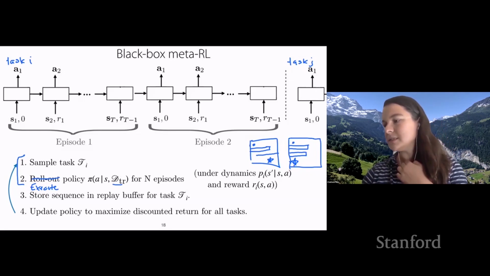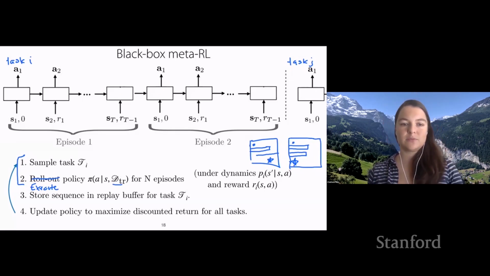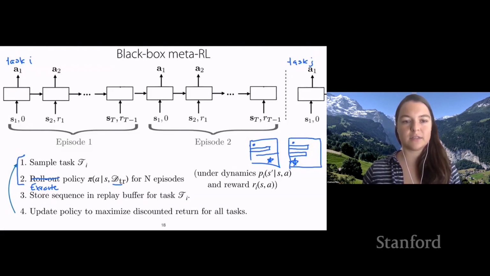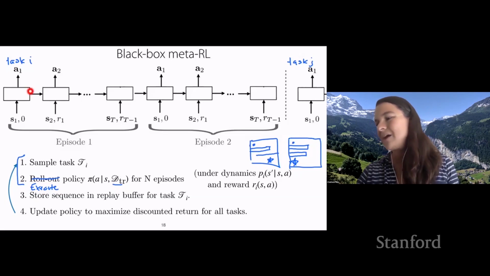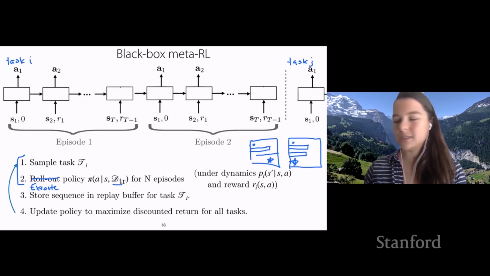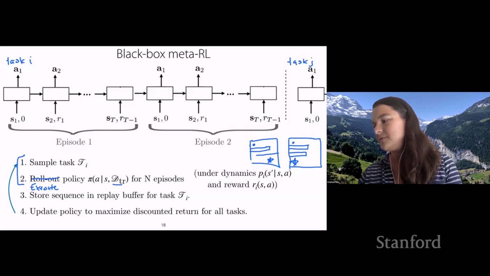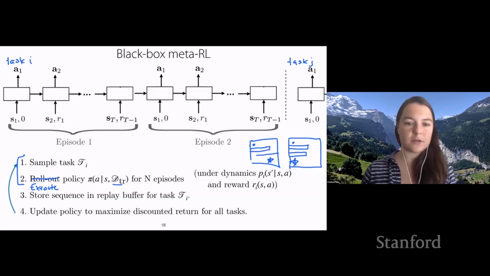And this policy at the top can encapsulate both the exploration process and the process of actually exploiting that. And this recurrent policy won't be successful at getting good rewards unless it has sufficiently explored its environment to find where the rewards are.